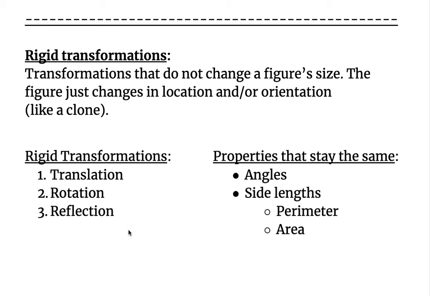And since you haven't changed the figure size, the clone or image, after you've changed it, should have the same side lengths. So they should also have the same perimeter, that means all the sides added together, and they should have the same area, that's the length times the width. We're going to go over some problems later on, but be sure to jot these down in your notebook first.